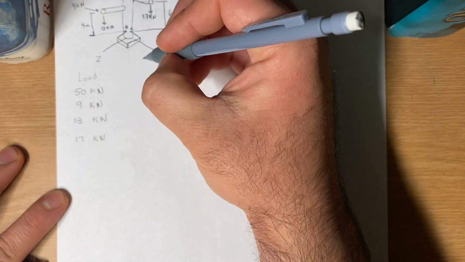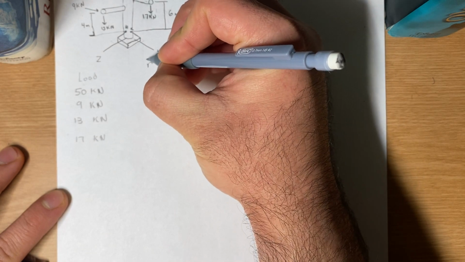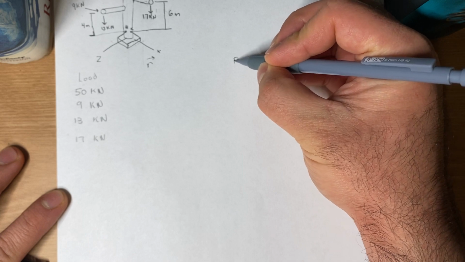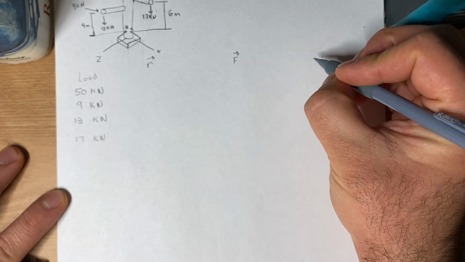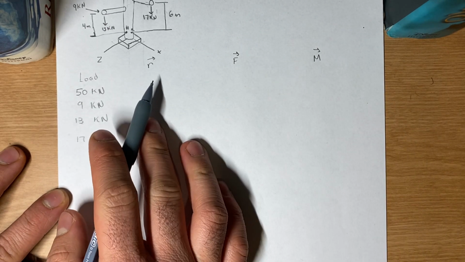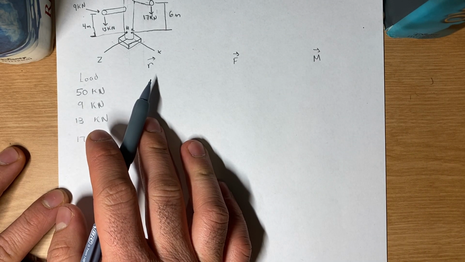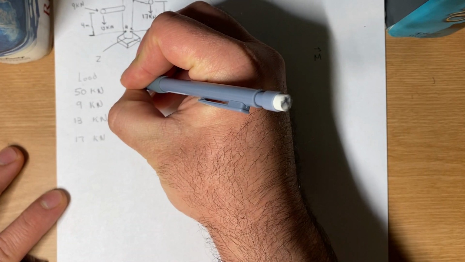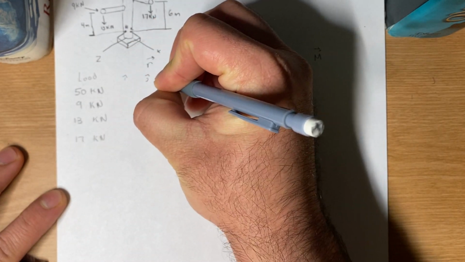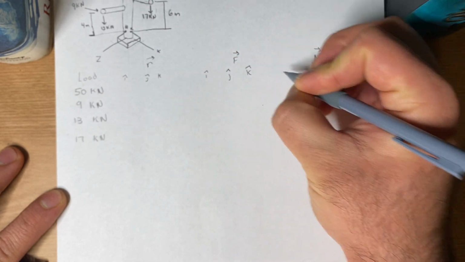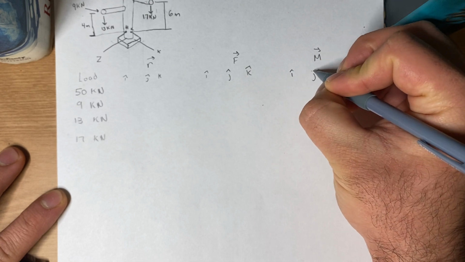Here we have our R, our F, force, and then our M. This is my moment, these are my forces, and R is the distance from the point of interest. I have my components I, J, K for each.